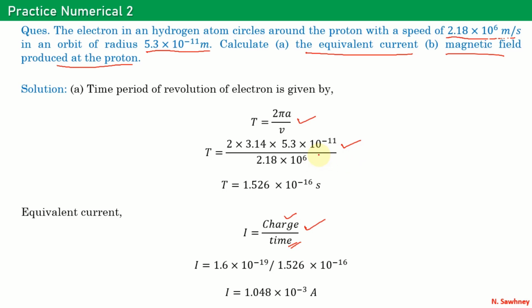The radius is given as 5.3 into 10 raised to the power minus 11 meters. Putting down all the values in the formula, we have obtained time as 1.526 into 10 raised to the power minus 16 seconds. Now put this value of time here in the current formula. Charge of electron is 1.6 into 10 raised to the power minus 19 coulombs, and we have calculated current as 1.048 into 10 raised to the power minus 3 amperes or 1.048 milliamperes.